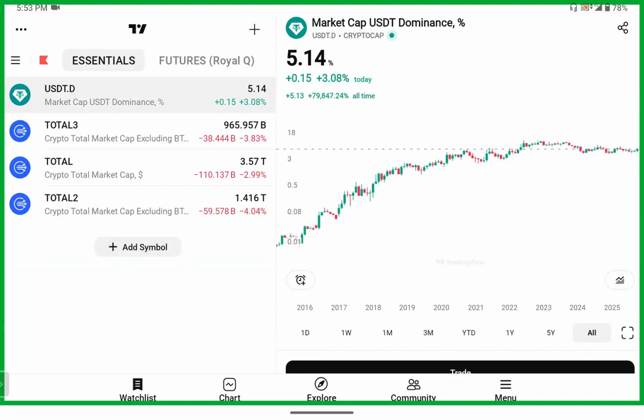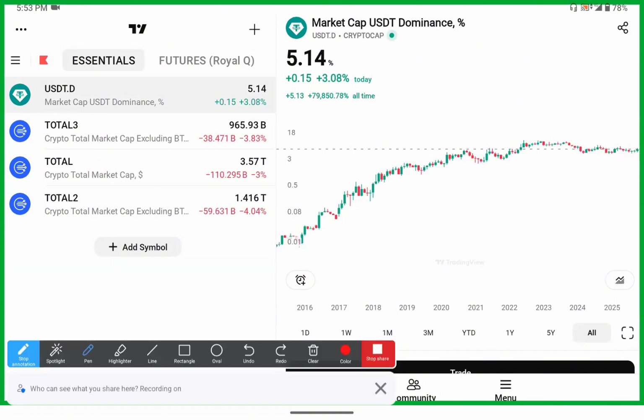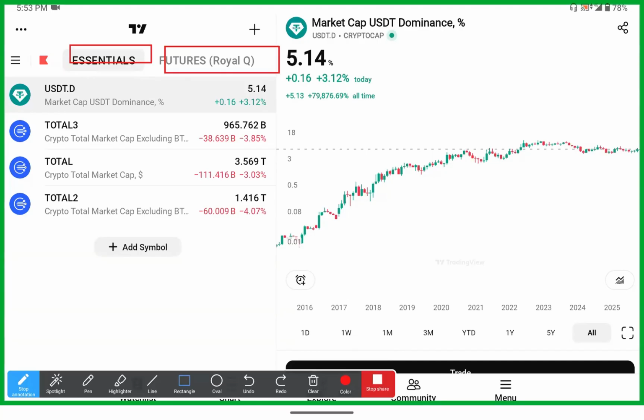Let me illustrate for you. If I have a forex pair here and then a crypto pair here, it will be of great interference to me.